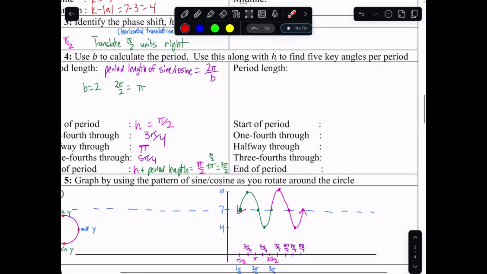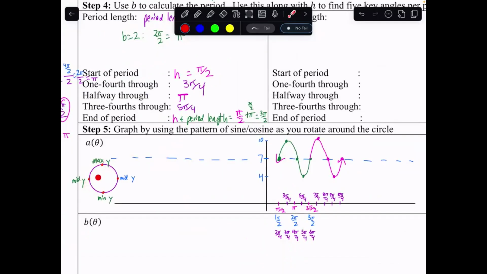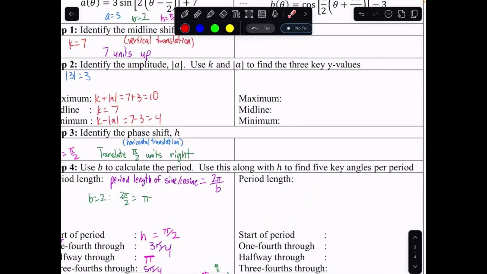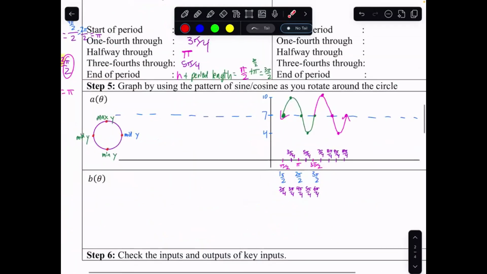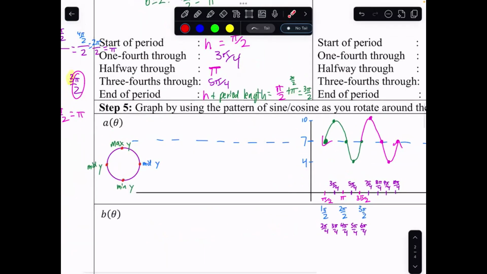But everything else is the same, right? The only difference is when you get to step 5, instead of starting at mid y, you'd start at the max, right? But steps 1 through 4 are identical for both sine and cosine. Okay, so go ahead and get started. I'll check in periodically to make sure you don't get too far off track.